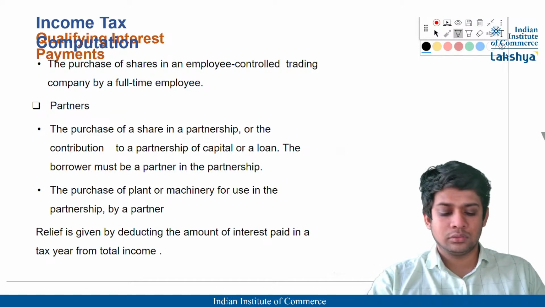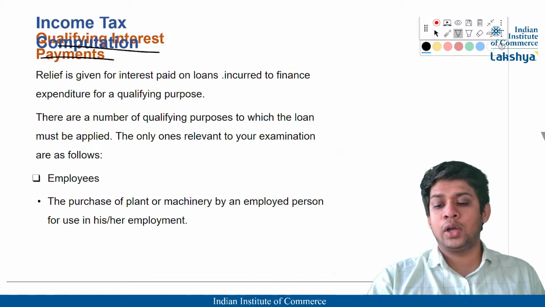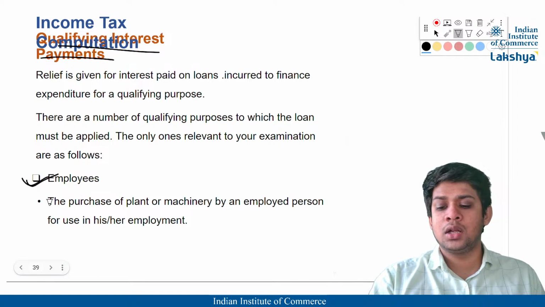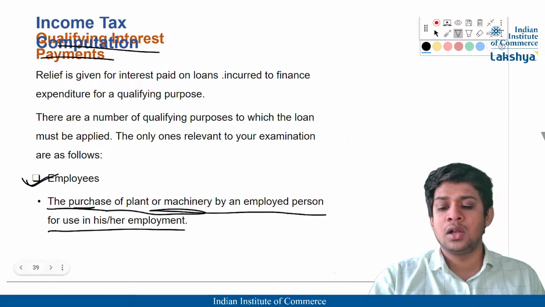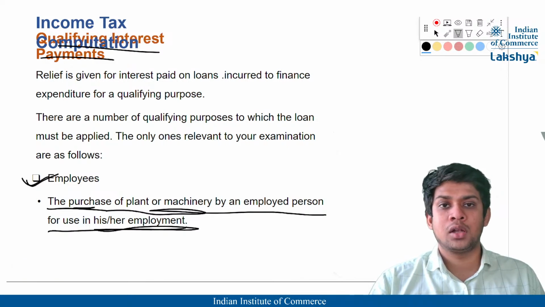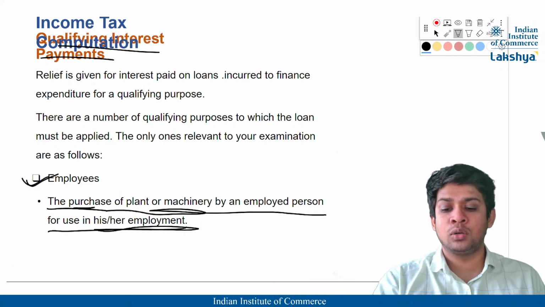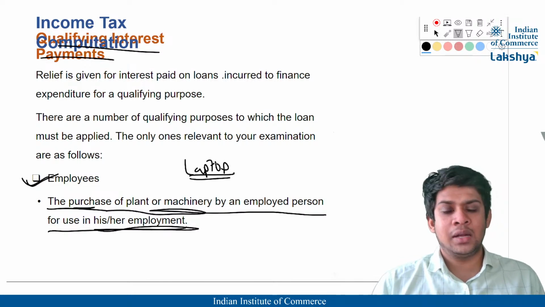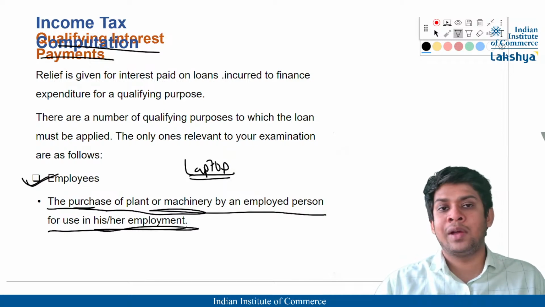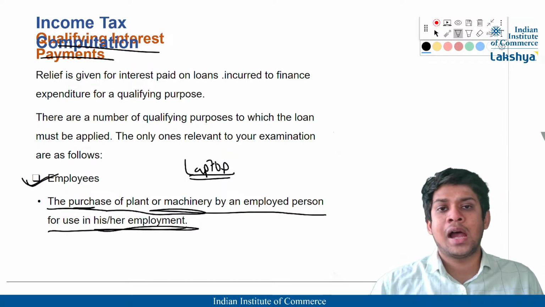Okay. So, to the employees, the reliefs that are available, if in case they purchase a plant and machinery by an employed person for his or her employment. So, if in case, maybe say I want to purchase a laptop. Okay. Usually in my employment, obviously wherever I go, I will be provided with a laptop for work.